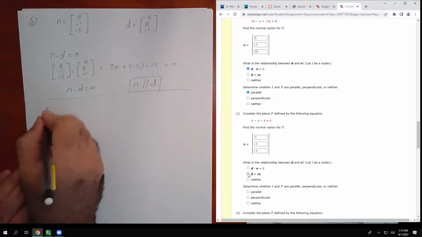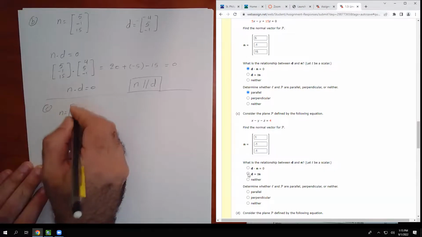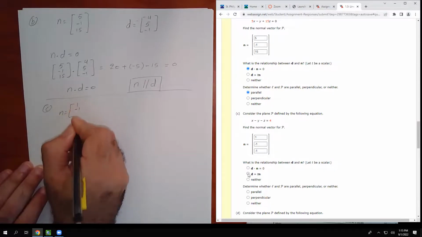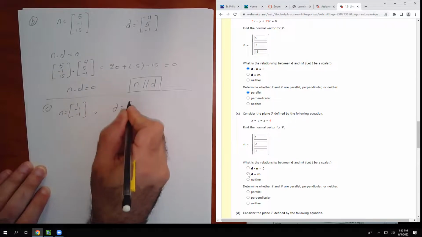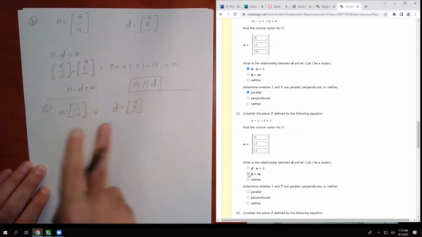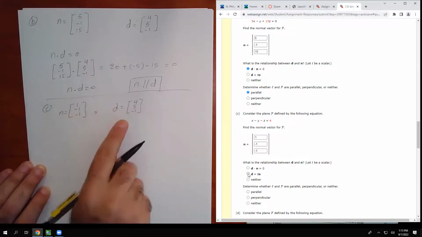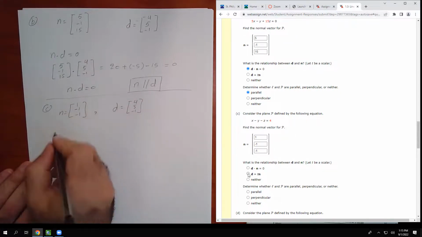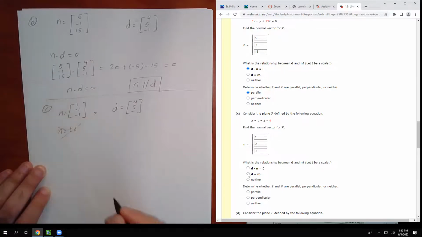So for C, the normal vector is 1, -1, -1, and we have the same direction vector, which is 4, 5, -1. I can't multiply this one by a number to get the direction vector, so I can't choose N equal to T times D. We can't choose this one.